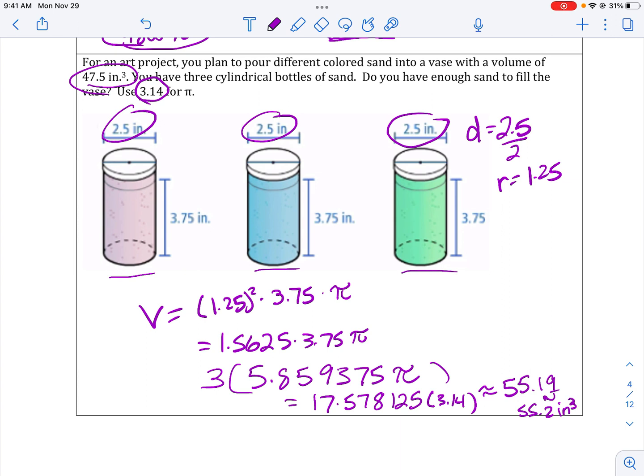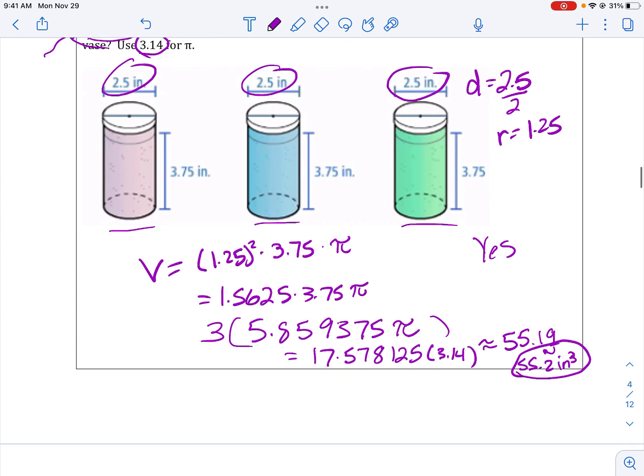So if all 3 bottles of sand give me 55.2 cubic inches, my vase is 47.5. This means that yes, I do have enough sand to fill the vase.